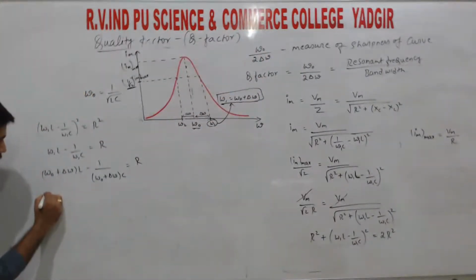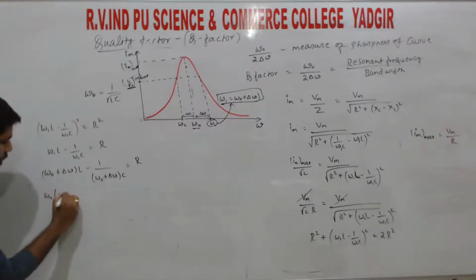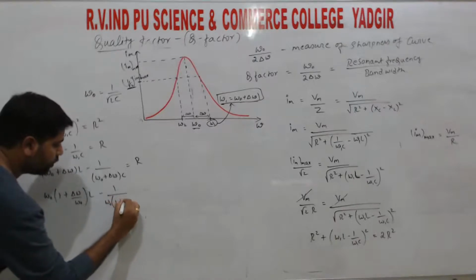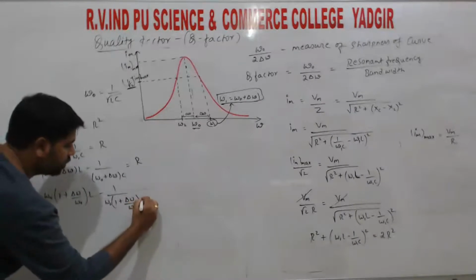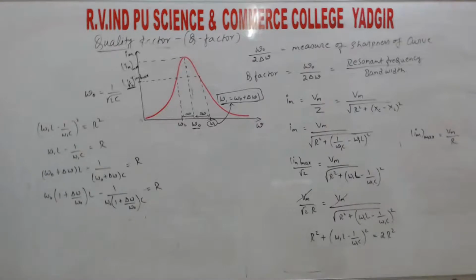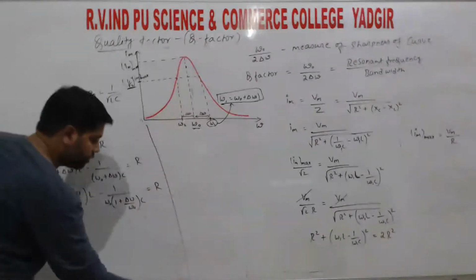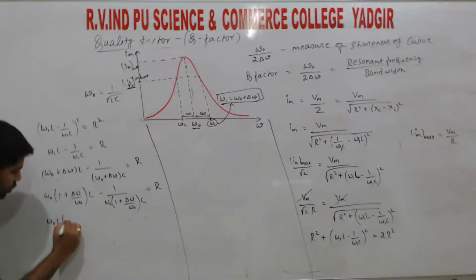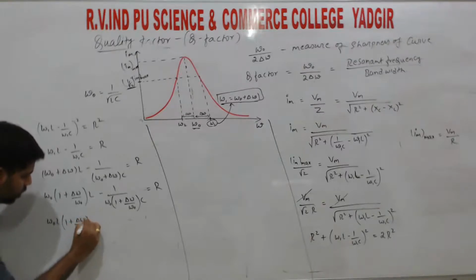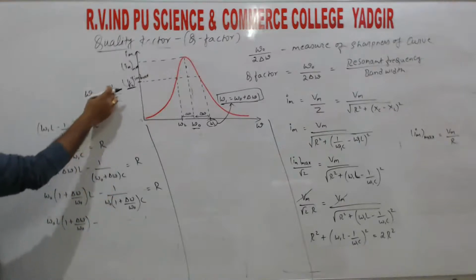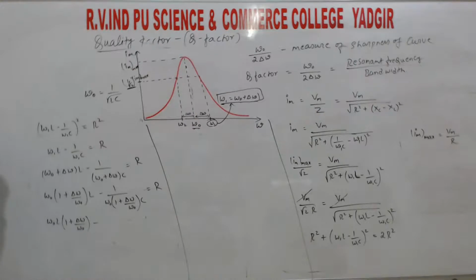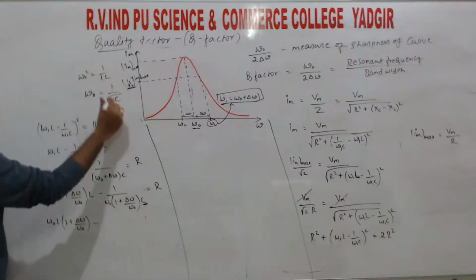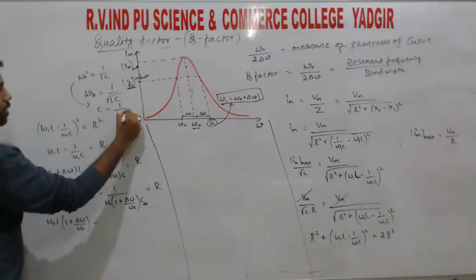Taking omega naught as common, omega naught (1 plus delta omega by omega naught) into L minus 1 divided by omega naught (1 plus delta omega by omega naught) into C equals R. We can write omega naught square equals 1 by LC, so C equals 1 by L omega naught square.